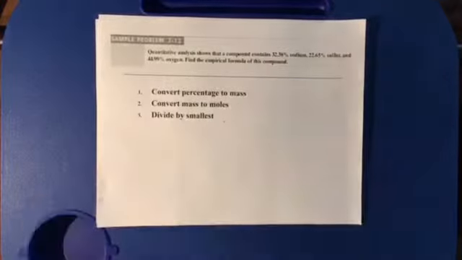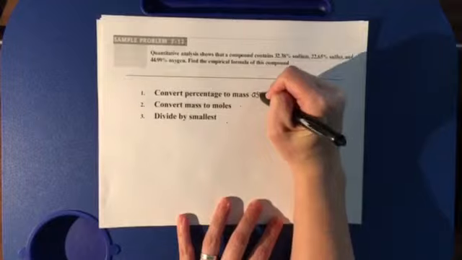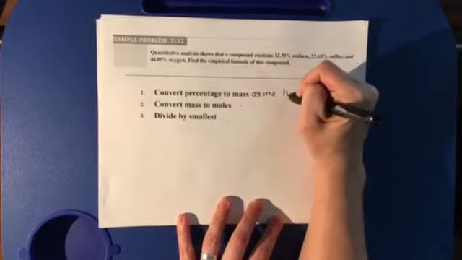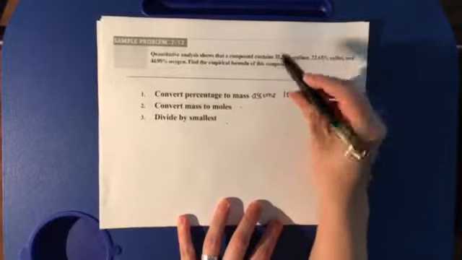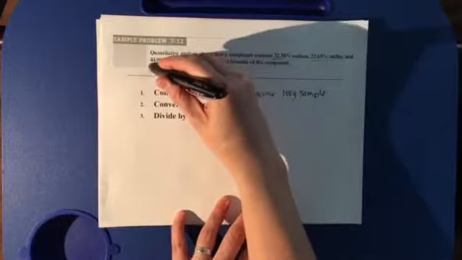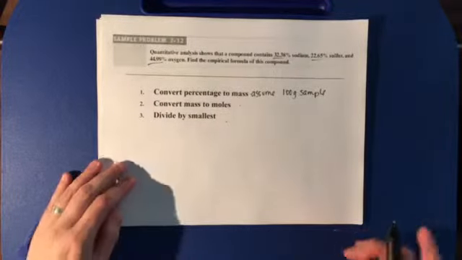The first thing we're going to do is convert percentage to mass, and the reason is that we're going to assume we have a 100-gram sample. Since they're giving us a percentage, the easiest thing is to assume a 100-gram sample, and that makes all of those grams.